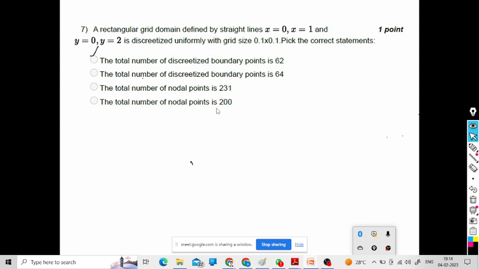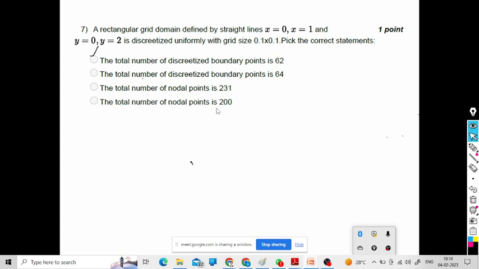So if we have to just calculate the boundary points, there will be 60. 60 boundary points will be there, but the options are 62 or 64. So both of these are incorrect.